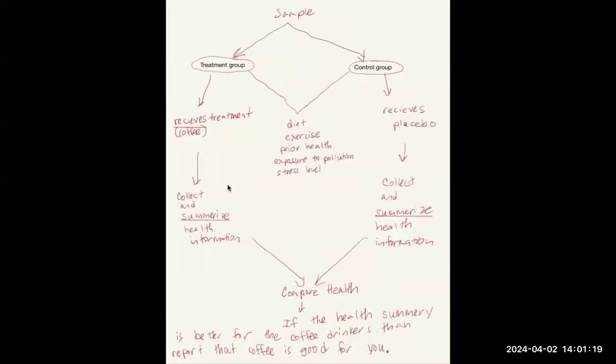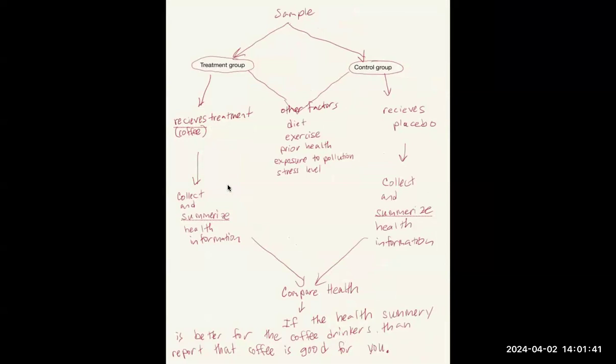And what happens is there are also some other factors. So here are the other factors in the middle here. And these are things that we want to control. And when they say control, they mean make it be the same for both the treatment and control group.